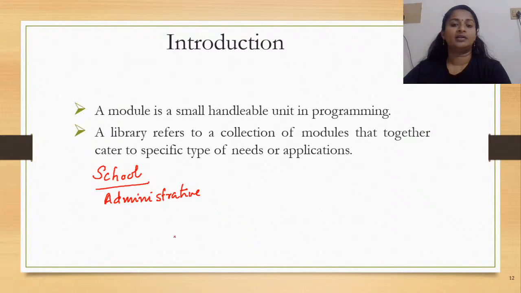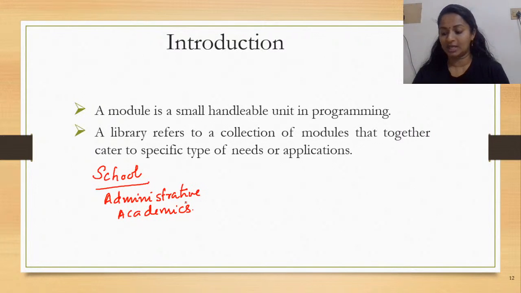Their mark list and all the updates would be received from the office. Then it would have a section which completely handles the academics, right? You will have the teachers, you will have the principal. So these are all the units that will be handling academics, right?